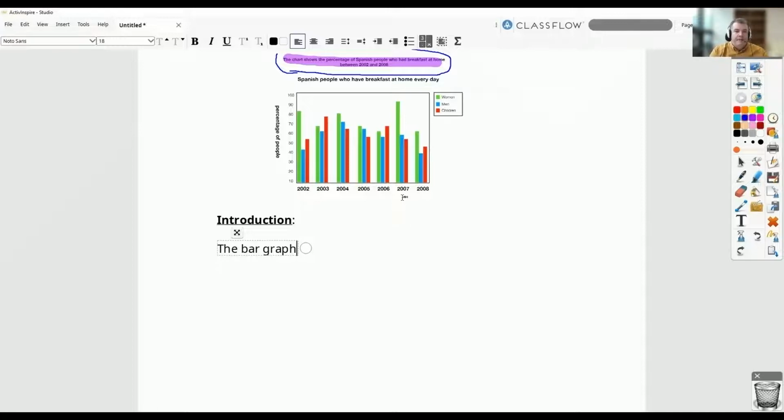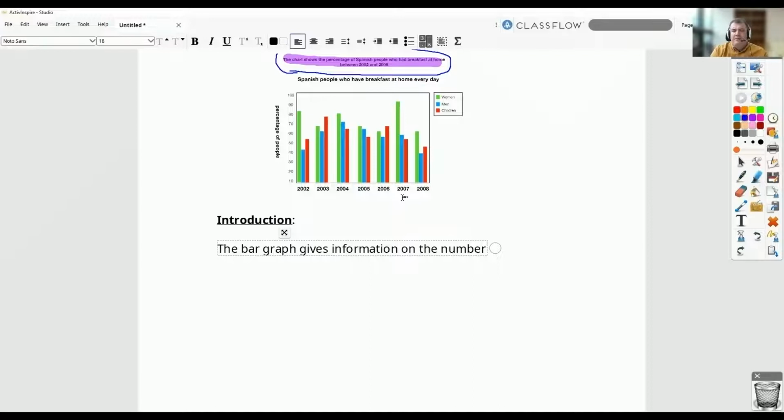The bar graph shows, instead of shows, let's say gives information on the percentage of Spanish people. So let's say the number, instead of percentage, there's percentages of numbers, aren't they? Bar graph gives information on the number of Spanish people.